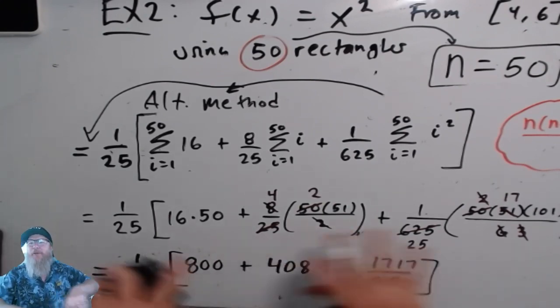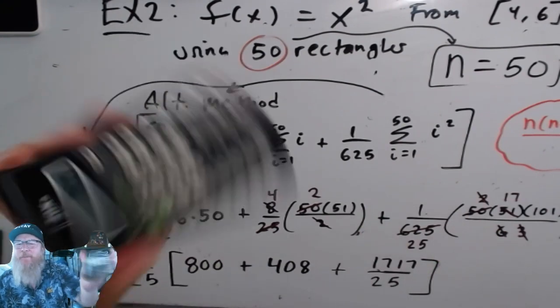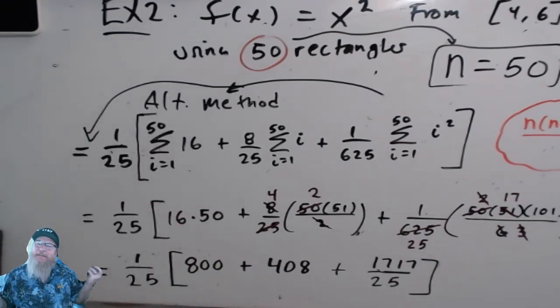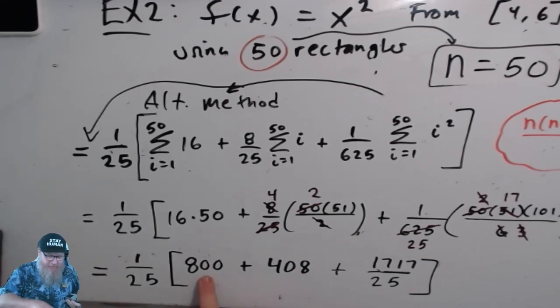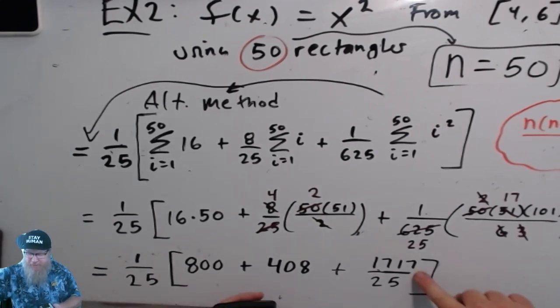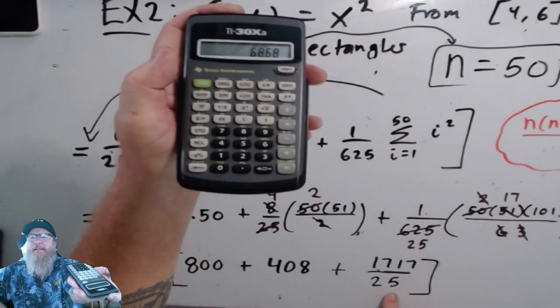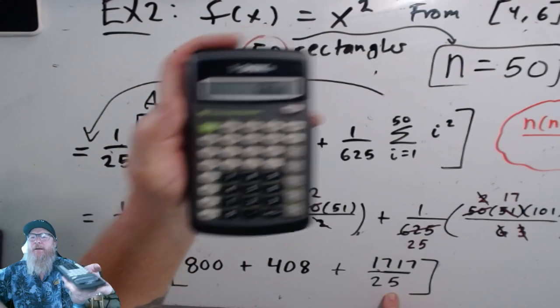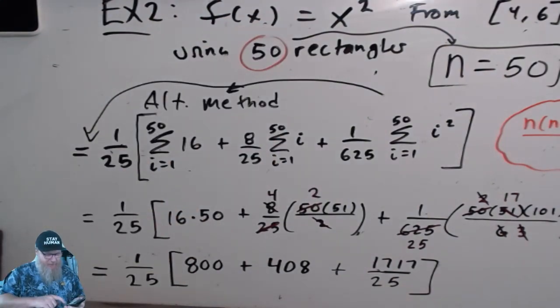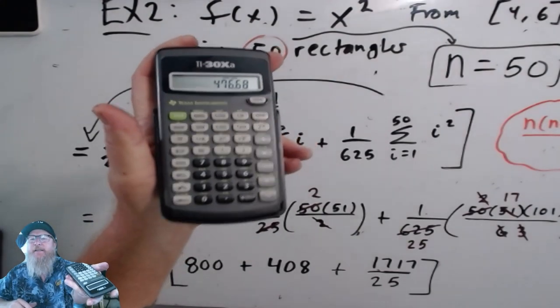And again, if you don't want to do all this cleanup, you just want to put it into your calculator, that's fine. I still get a kick out of cleaning up the mess before I do it. So let's go ahead and do it. 800 plus, let's do this first, 1717 divided by 25. That's 68.68. That's another cool number. Neat patterns we're getting here. Plus 408 is 476.68.